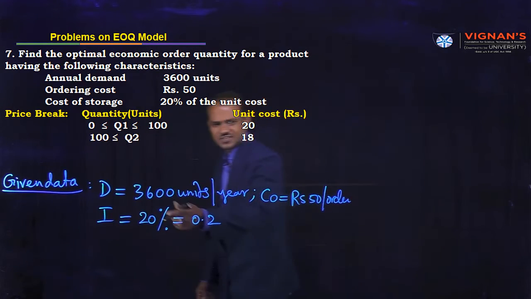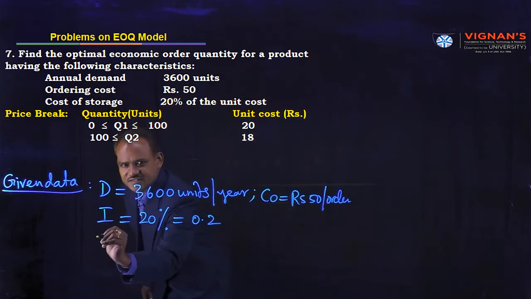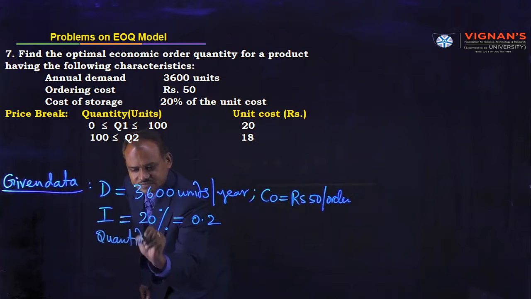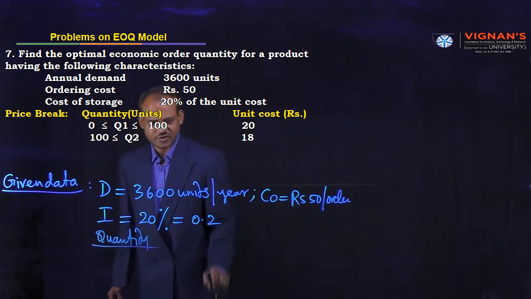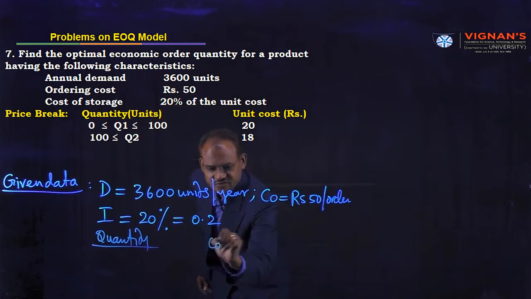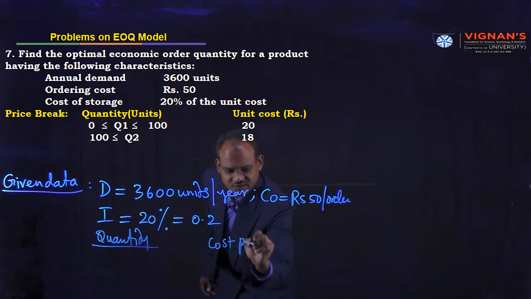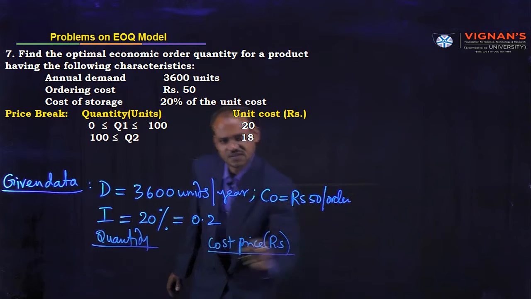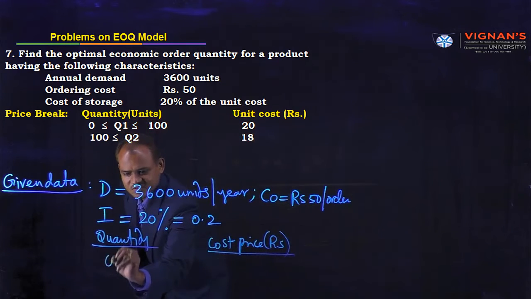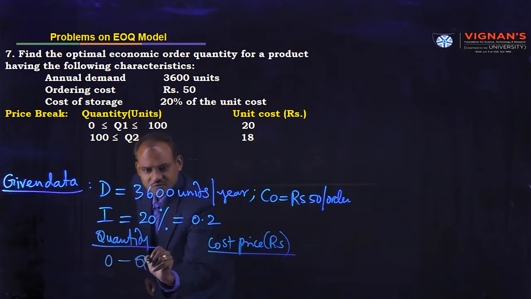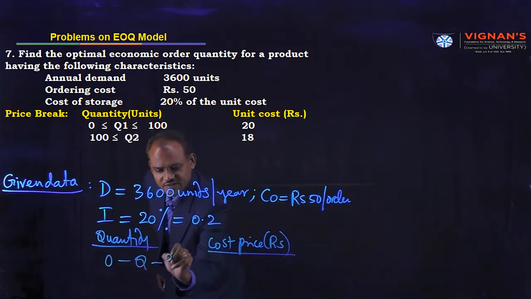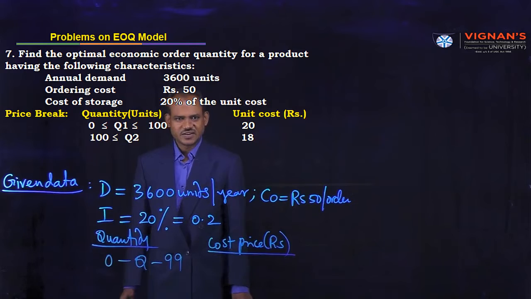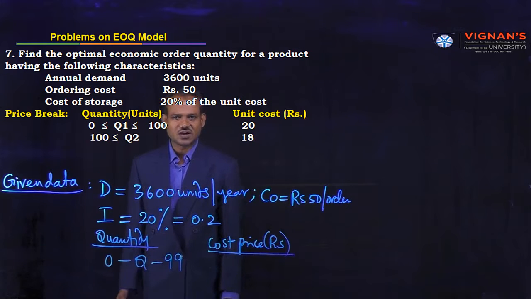Therefore, write down that step also. Quantity represented in units. Similarly, cost price represented in rupees. Okay. If the quantity range is 0 to, don't confuse, the quantity range in the given question is mentioned as less than or equal to 100.